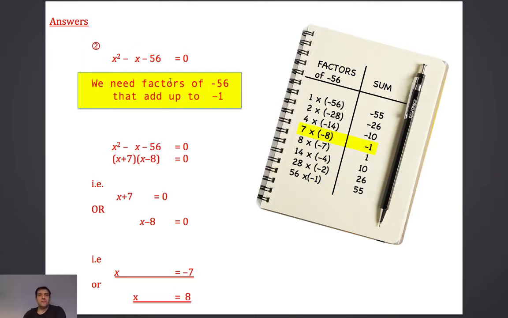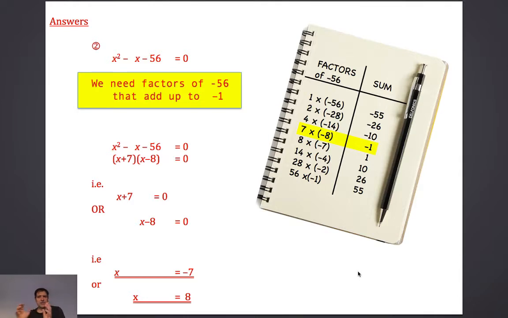Question 2. x squared minus x, so that's like minus 1x, minus 56 equals 0. So we need factors of minus 56 that add up to minus 1. So again, I did a comprehensive list of all of the possibilities, and then I got two numbers, 7 and minus 8.